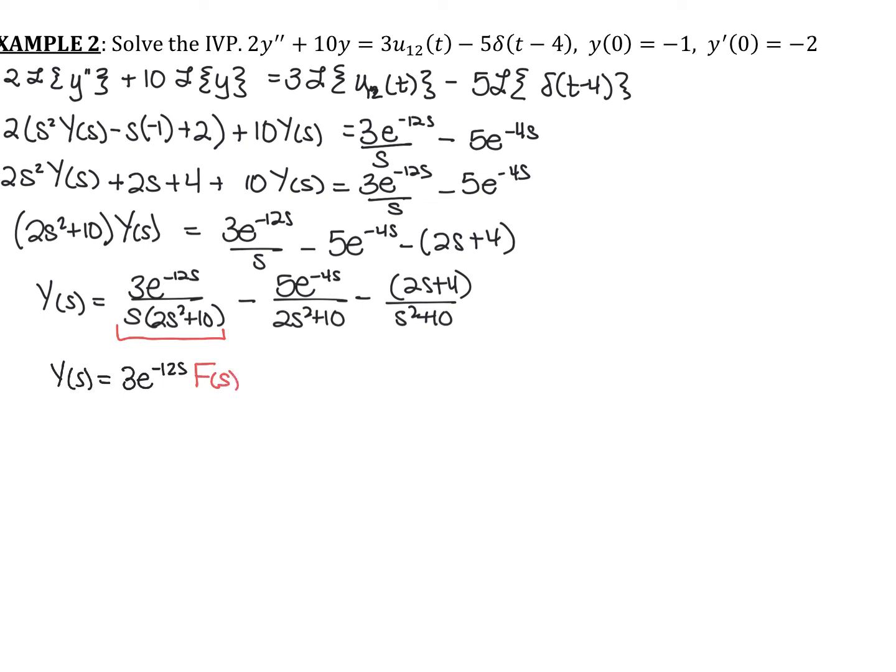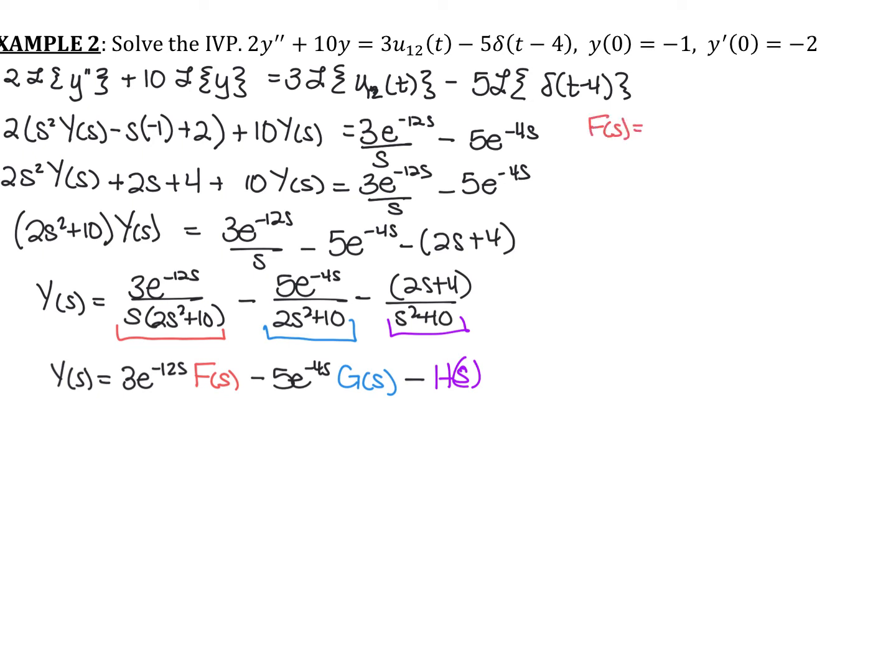On the next one here, we would have minus 5e to the negative 4s, and then this would be times the Laplace transform of some other letter, let's call it g of s, and then we have minus, and this one we can use by itself, so we'll just give this the name h of s. So now I'm going to do the work for each of these independently.